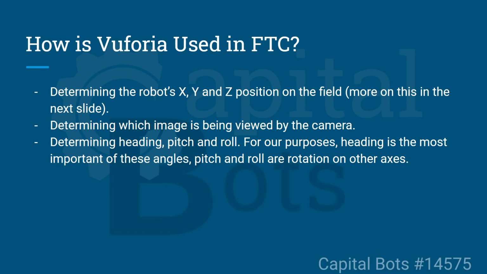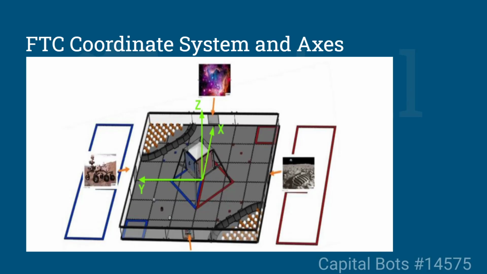It's just very rare. We don't really see that kind of stuff in FTC, and honestly I really can't think of a challenge where we've had to use it previously. So there you go, just some information that Vuforia gives us.